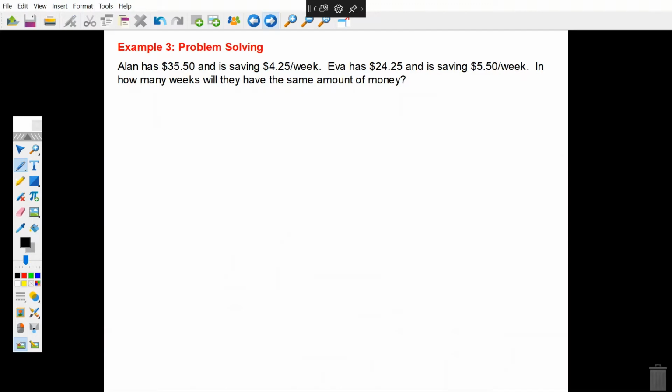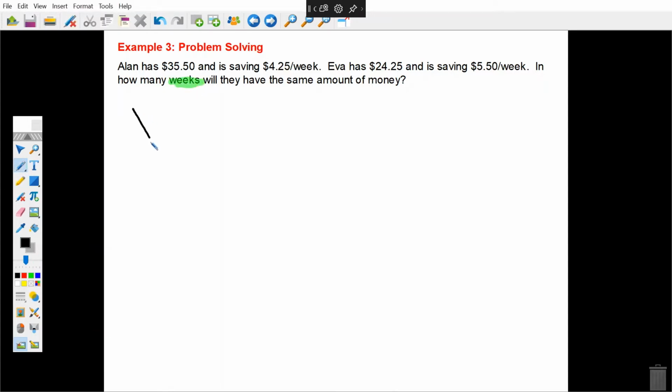It says Alan has $35.50 and is saving $4.25 a week. Eva has $24.25 and is saving $5.50 a week. And how many weeks will they have the same amount of money? So the question wants to know about weeks. That's what it wants us to find.